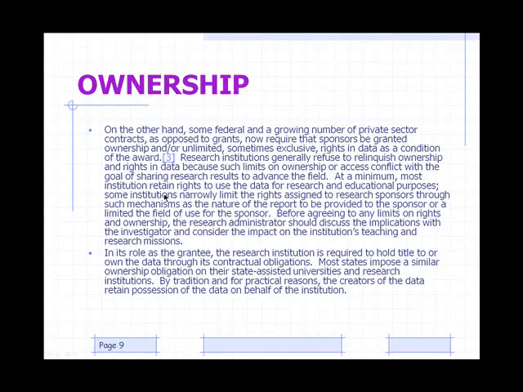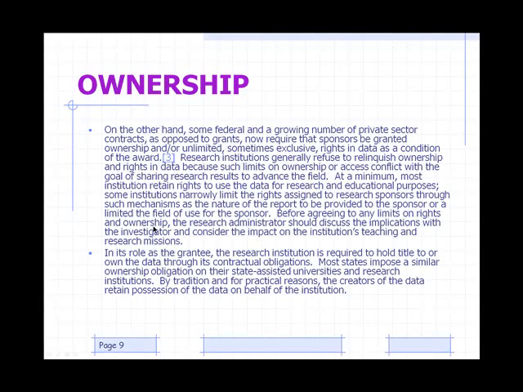At a minimum, most institutions retain rights to use the data for research and education purposes. Some institutions narrowly limit the rights assigned to research sponsors through such mechanisms as the nature of the report to be provided to the sponsor, or by limiting rights to the field of use for the sponsor.